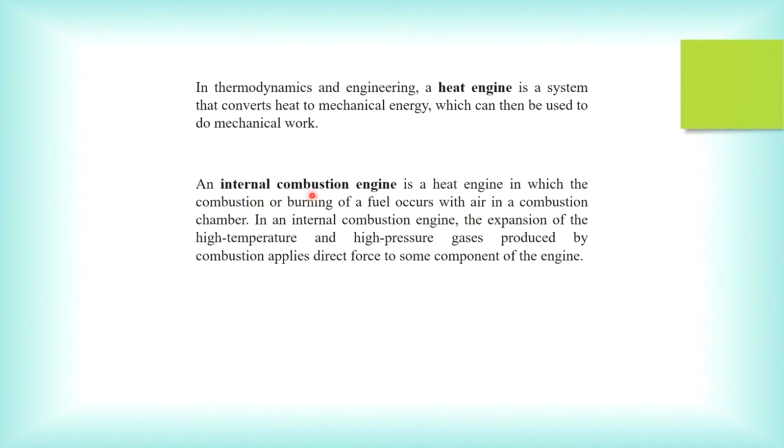So in an internal combustion engine, the burning of fuel takes place inside the system. But in an external combustion engine, such as a steam engine, the burning of fuel takes place outside of the engine. That is the difference between internal combustion and external combustion engines.